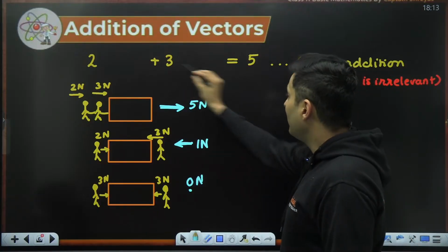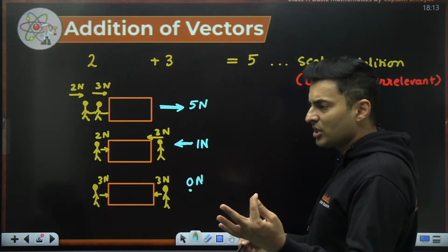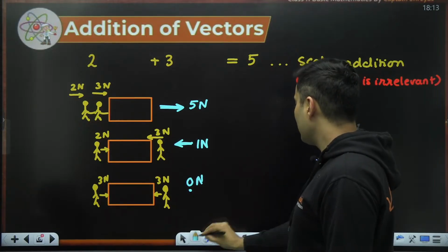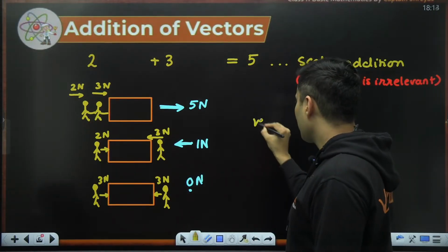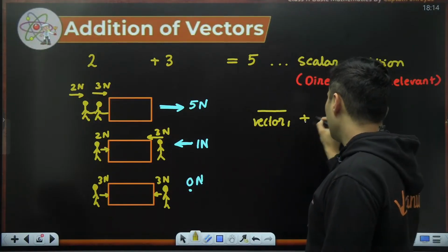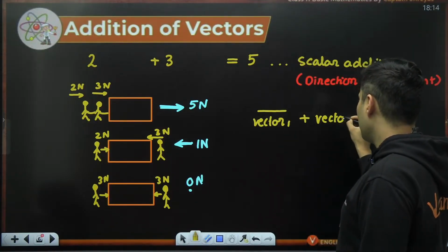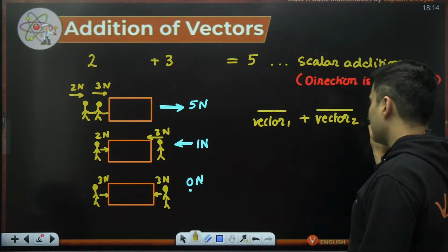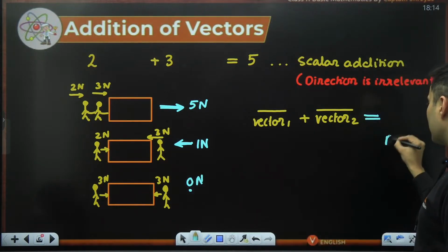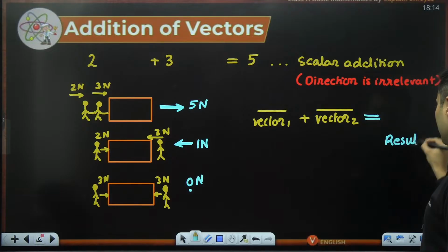So when you add scalars, it's simple addition. But when vectors are added, so when you have vector 1 and you add vector number 2 to it, the resultant that you get, the final answer that you get, that is called the resultant.